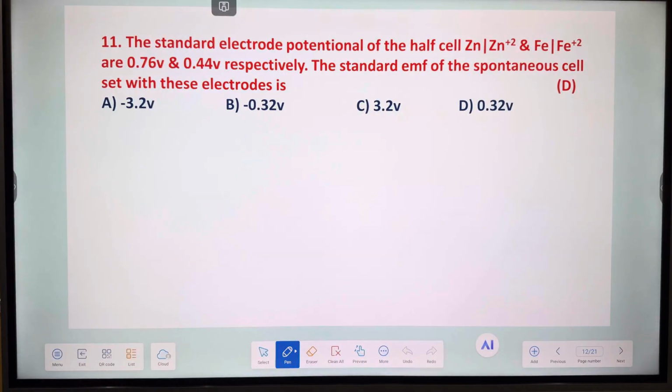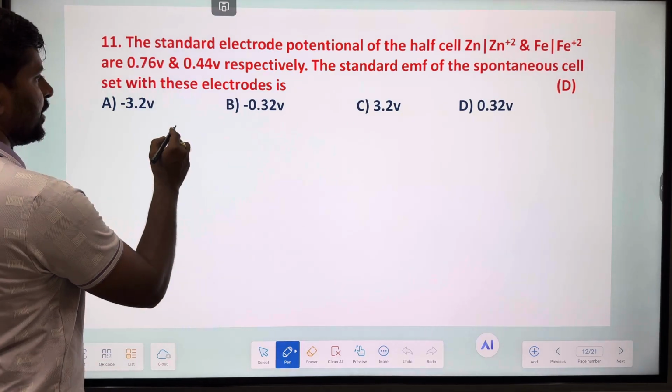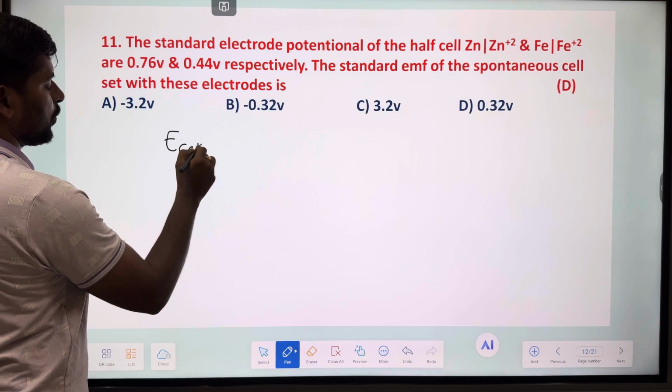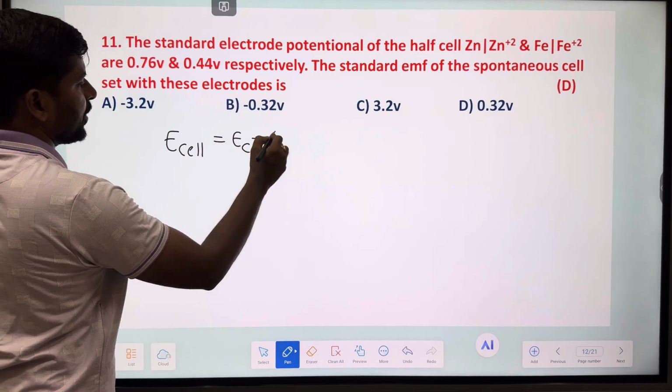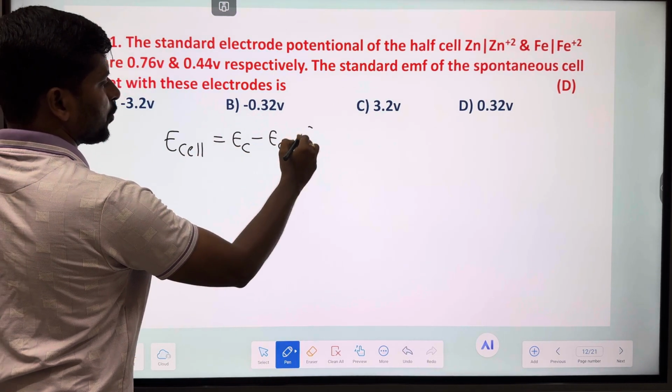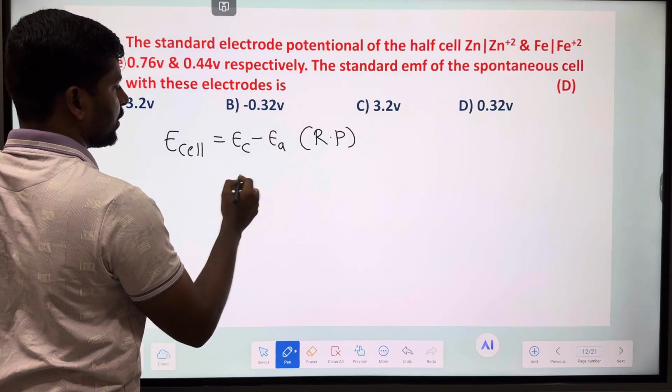Next one. The standard electrode potentials are given, and we need the standard EMF of the spontaneous cell set up with these electrodes. E cell is equal to E cathode minus E anode, and we have to follow reduction potentials.